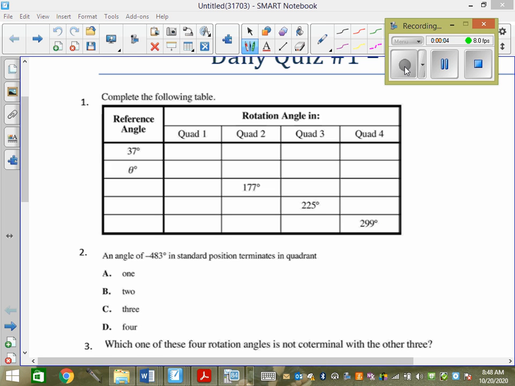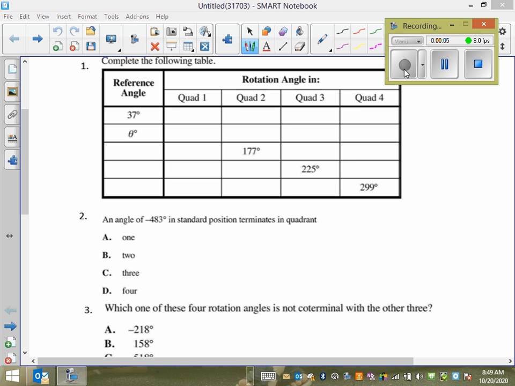And then we're back to 37 degrees. Yes. In quadrant 1, the reference angle is the angle. We agree? Yes. So this is 37 degrees. In quadrant 2, we do 180 minus the reference angle, and we get 143.